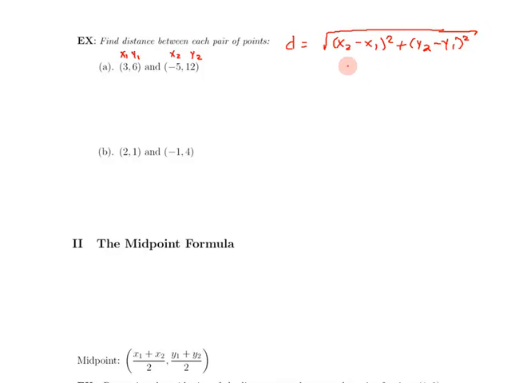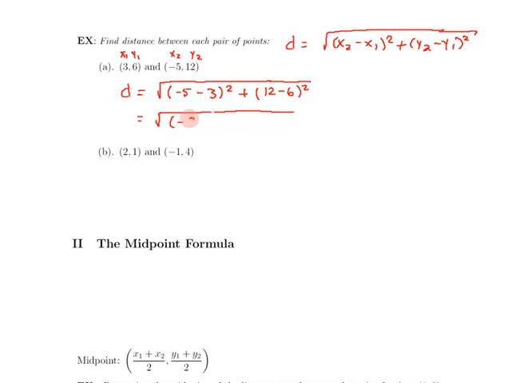Okay? So d is the square root of x2, which is negative 5, minus x1, which is 3, squared, plus 12 minus 6, quantity squared. Now we do our order of operations, so we simplify inside the parentheses.